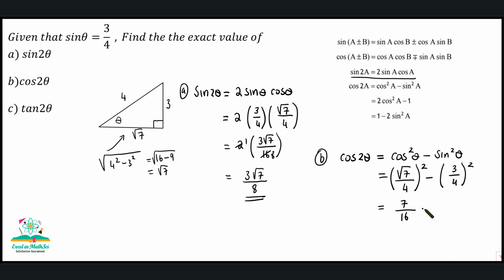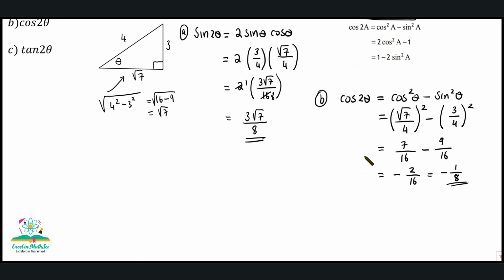That's over 16 minus 9 over 16, which is minus 2 over 16, which is minus 1 over 8. So that's our part B done as well.